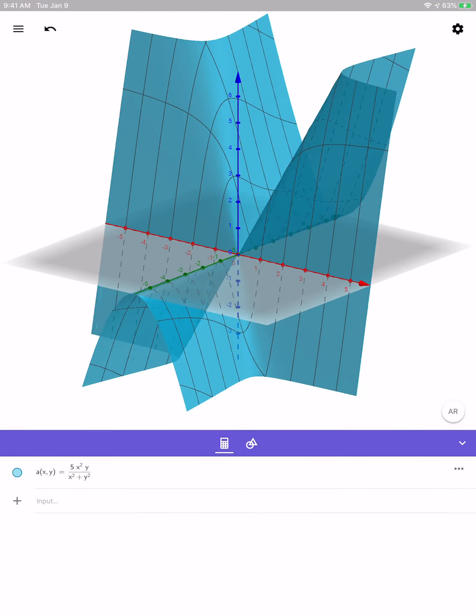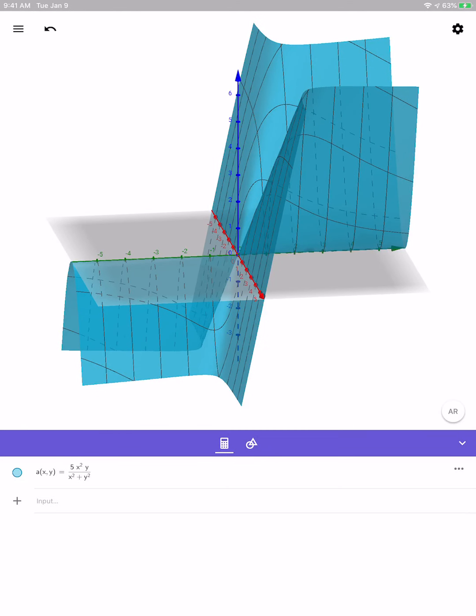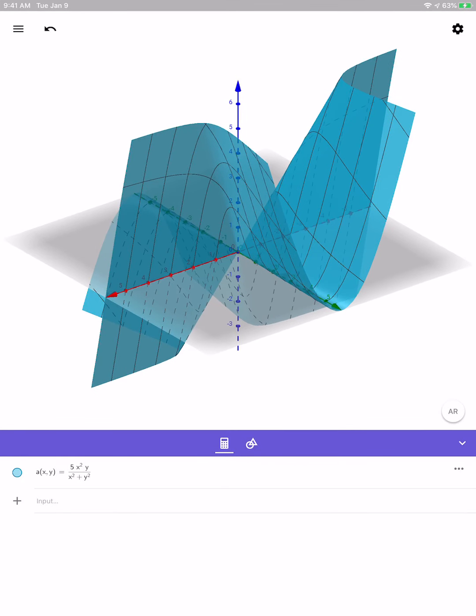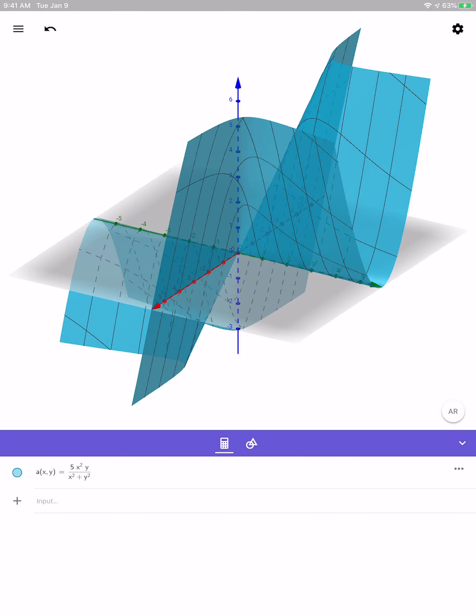I actually have a nice 3D graphic of this graph. As you can see, the xy plane is the plane made by the green and red axes, and the z-axis is the blue.